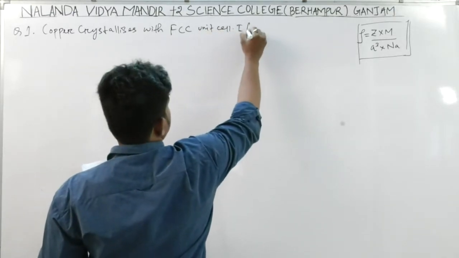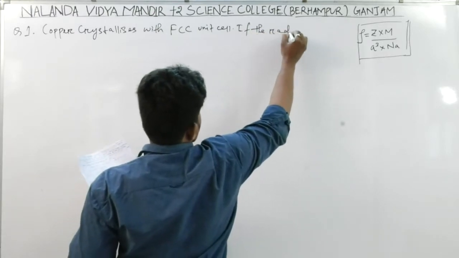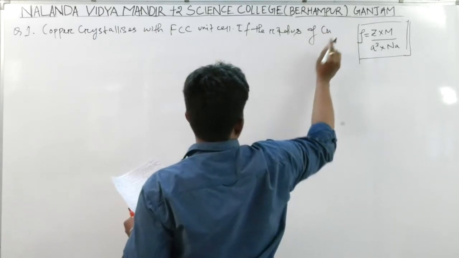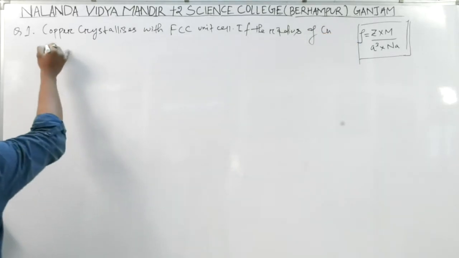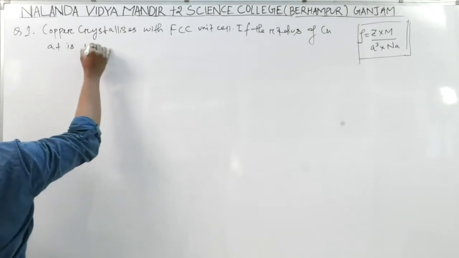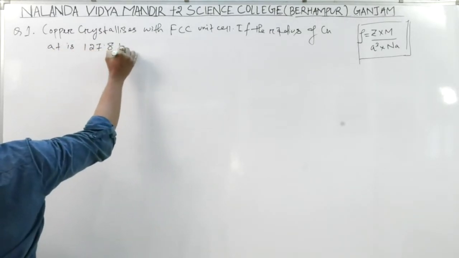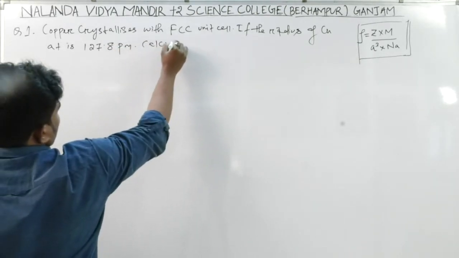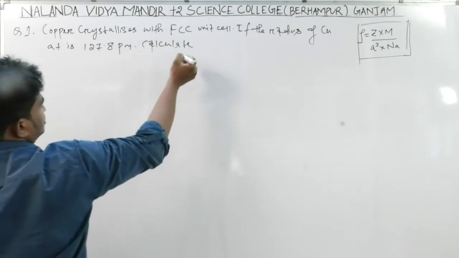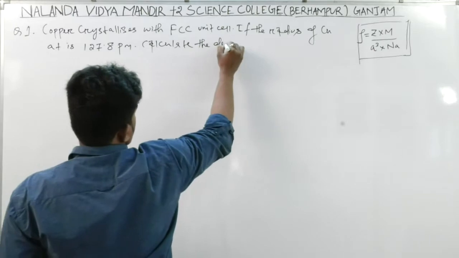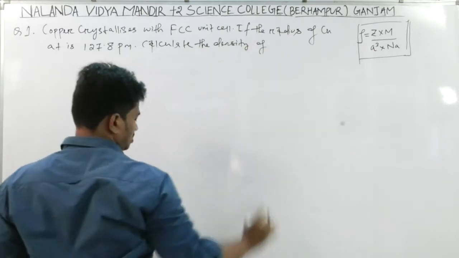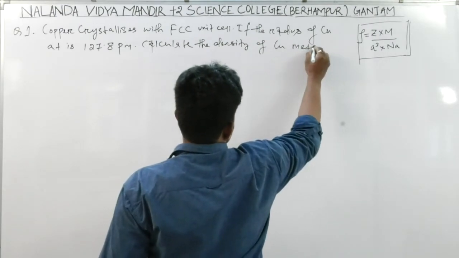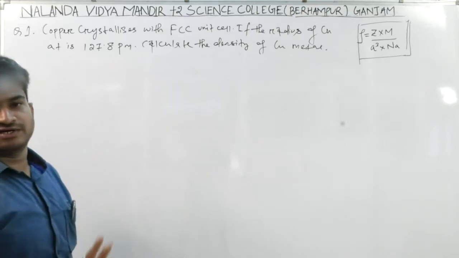If the radius of the atom is 127.8 picometer, calculate the density of copper metal. Okay, so this is our question.